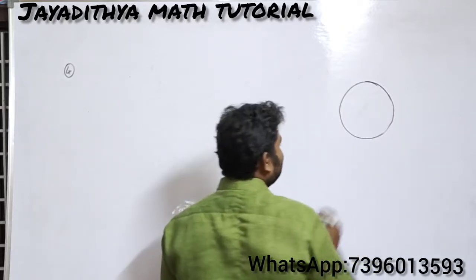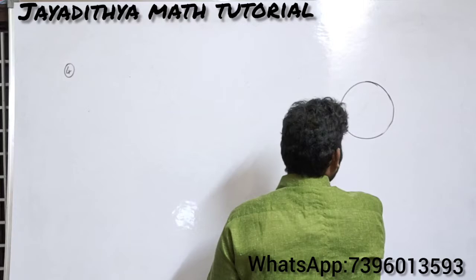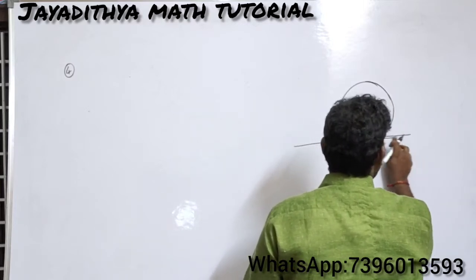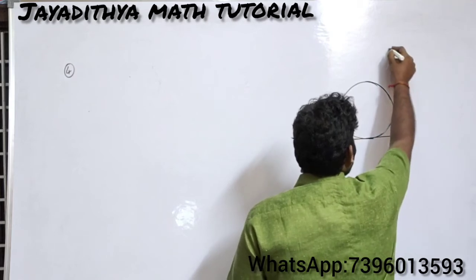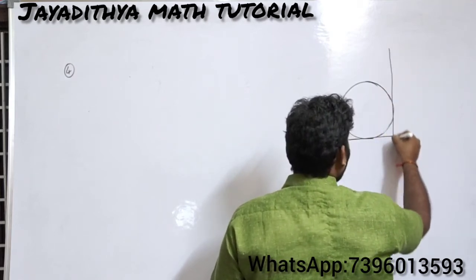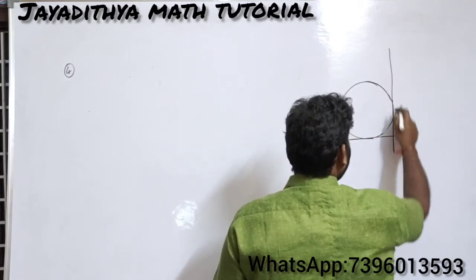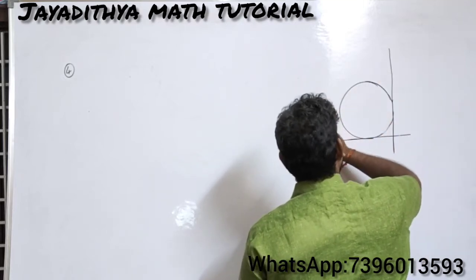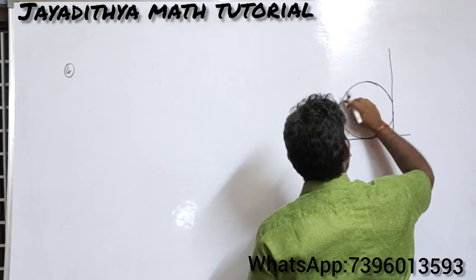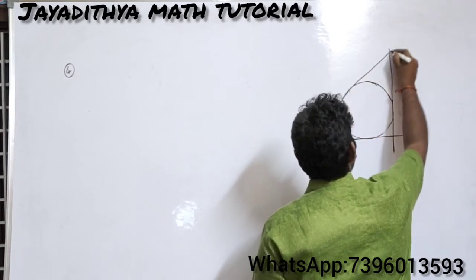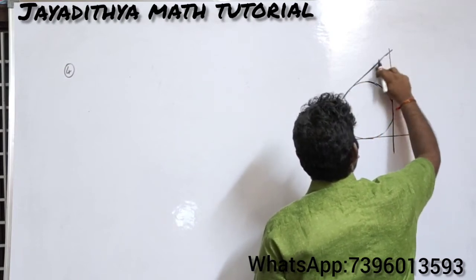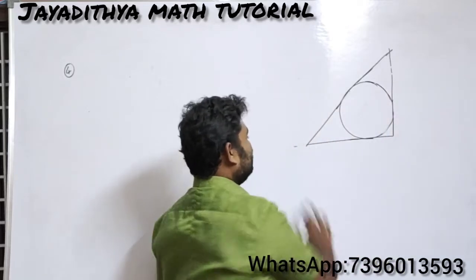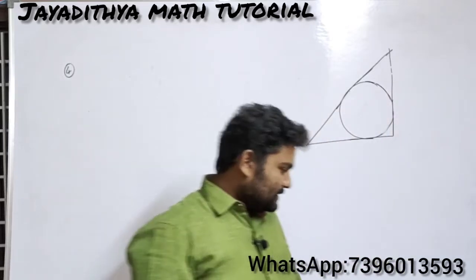This is one side, and this is the other side. So this is the triangle circumscribing a circle.